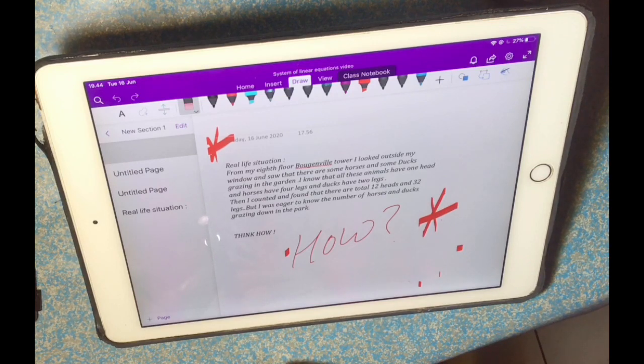You are only able to count the number of heads and legs of the animals, but you are not able to count the total number of animals. You found that there were 12 heads and 32 legs in total. So how can we find the total number of horses and ducks in the garden?